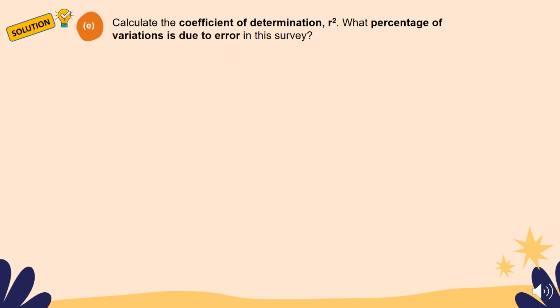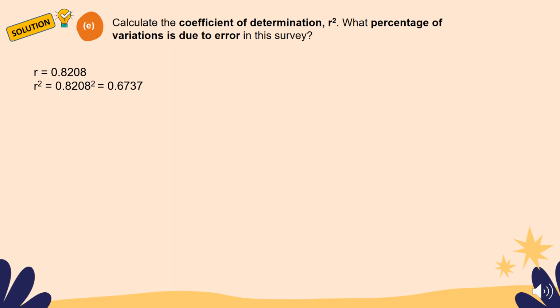The final question is to calculate the coefficient of determination, R squared, and also the percentage of variation due to the error in this survey. Since we have calculated the R value in the previous question, the R value is given as 0.8208. The coefficient of determination R squared is determined by squaring the R value.